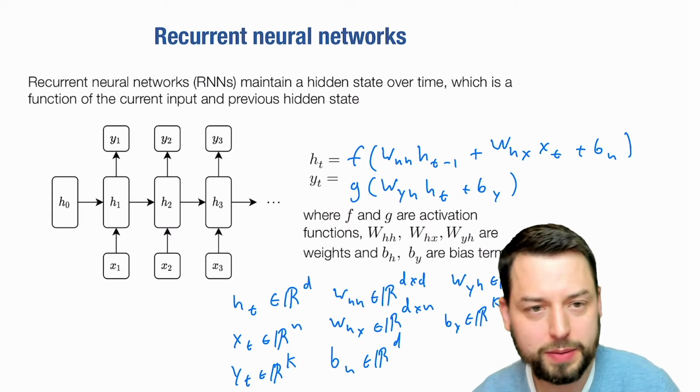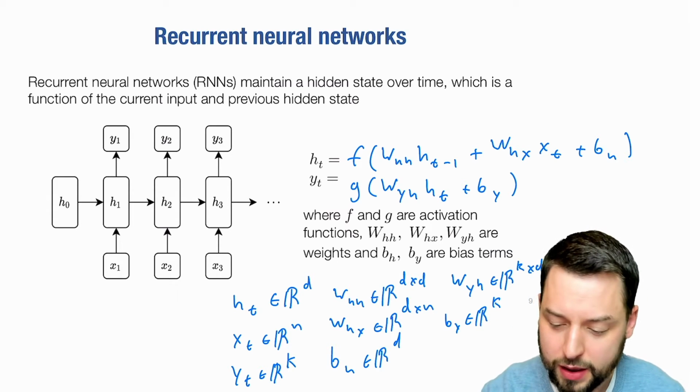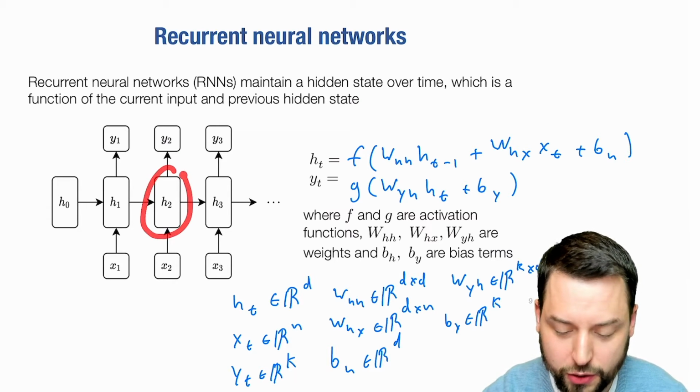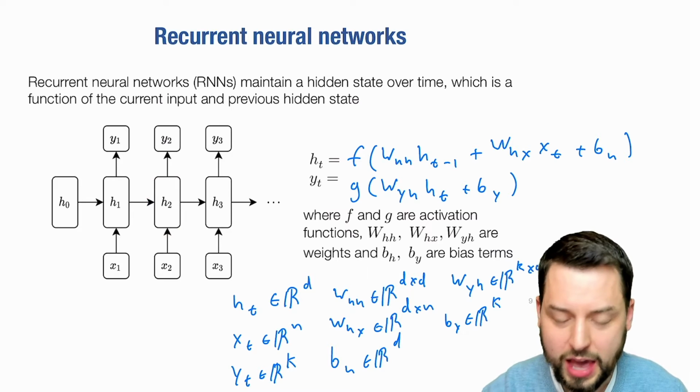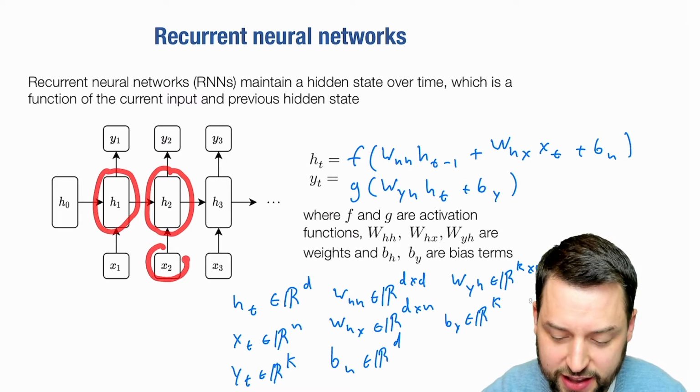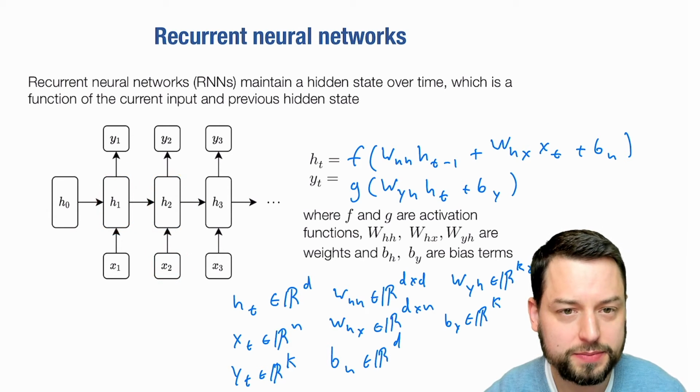Now, to be clear, what our update equations say is that the current hidden state is some function of our past hidden state and our input.